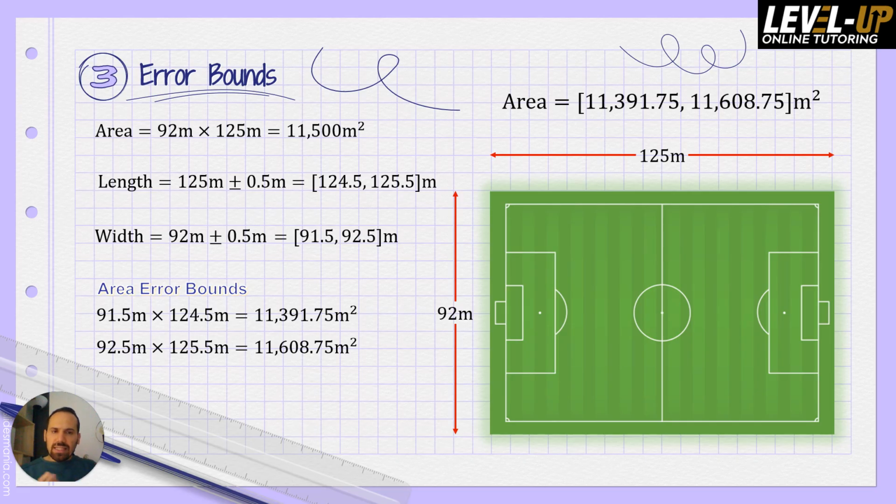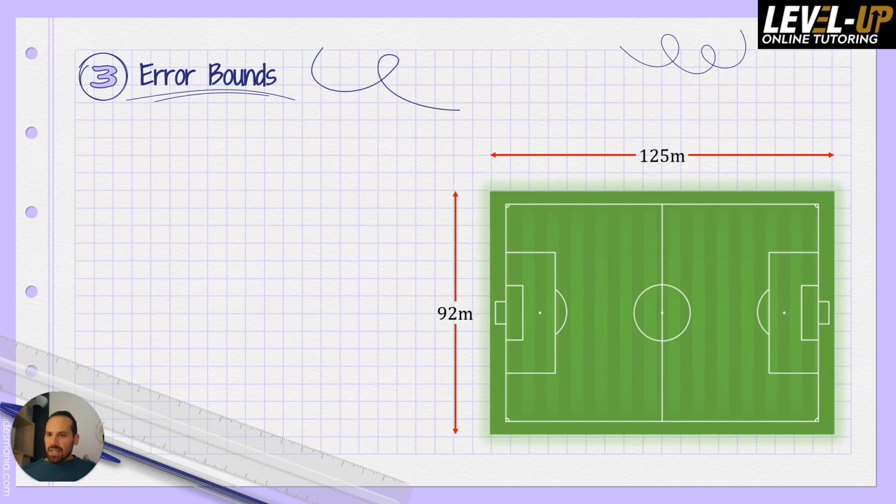So that's an example of error bounds. And you see, it's quite significant. Just rounding to the nearest meter, the area could be off by over 100 meters squared. So these roundings can be very significant.